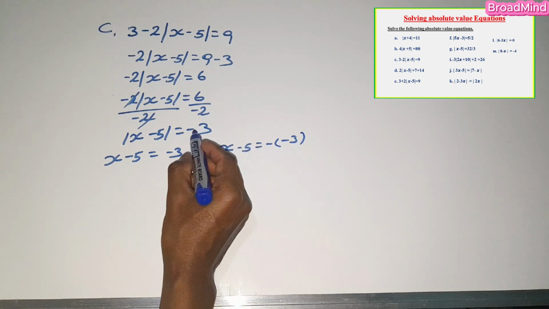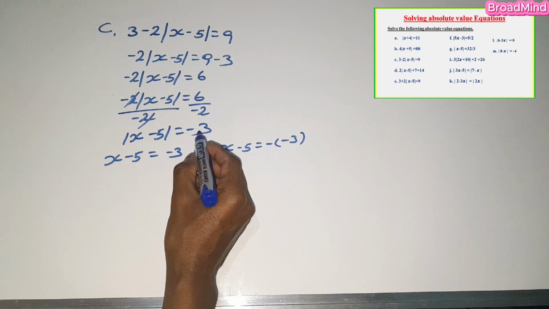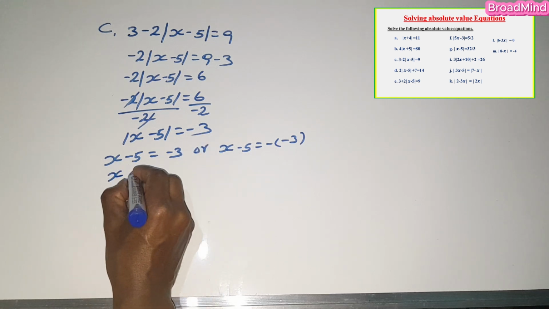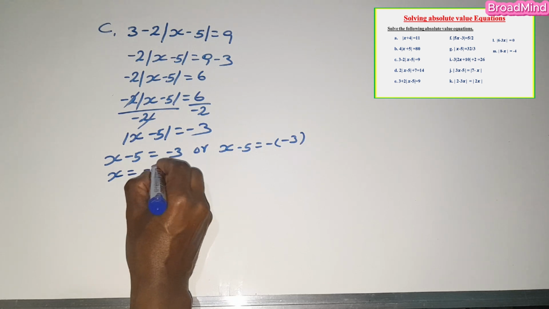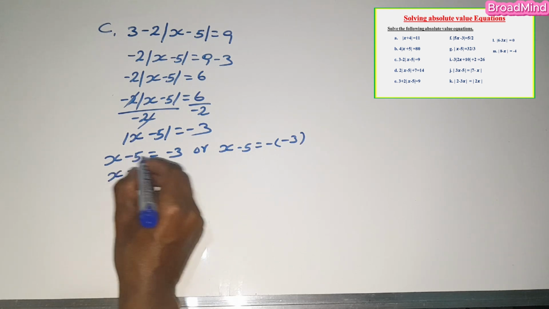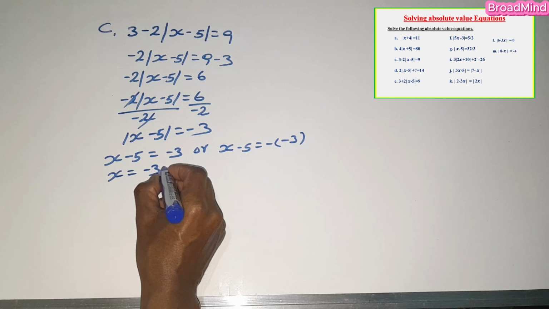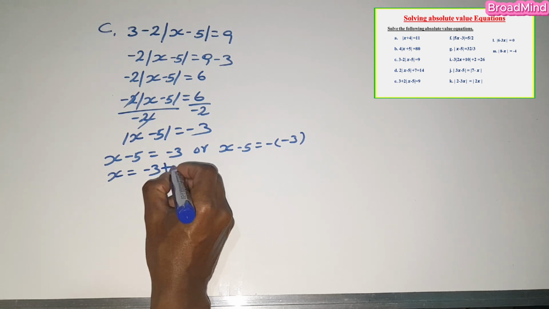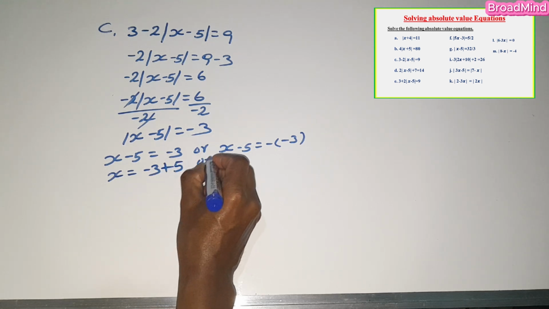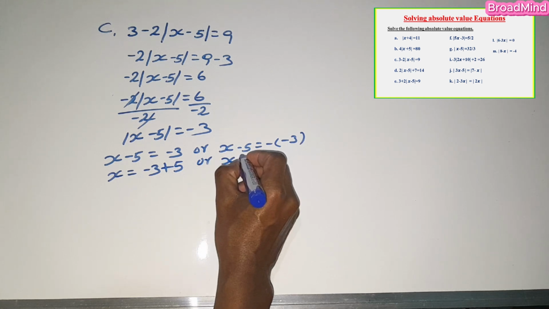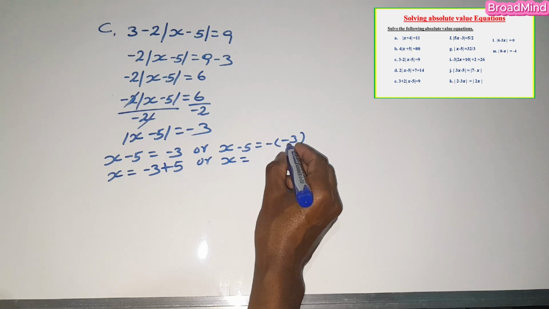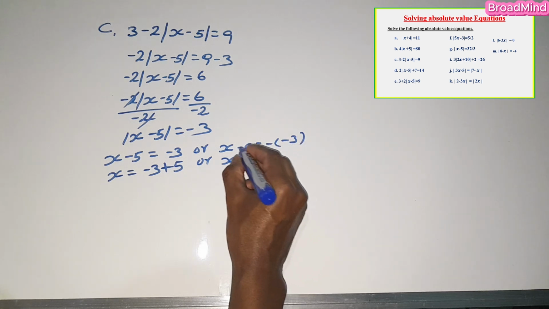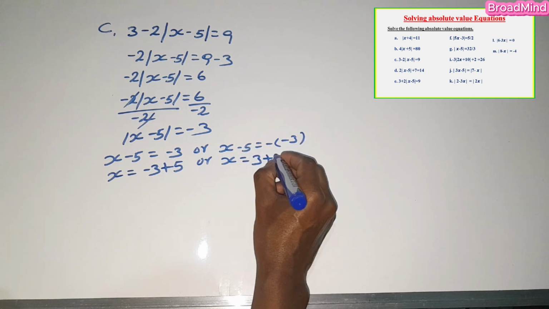This negative comes from this one. x is equal to negative 3, it is minus, so when we transfer it here, plus 5, or x is equal to negative multiplied by negative, positive, then 3 plus 5.